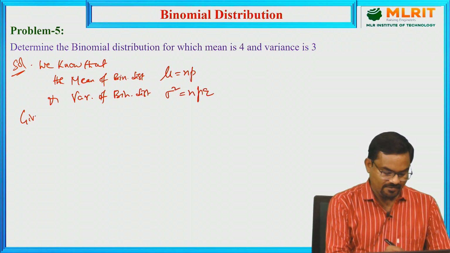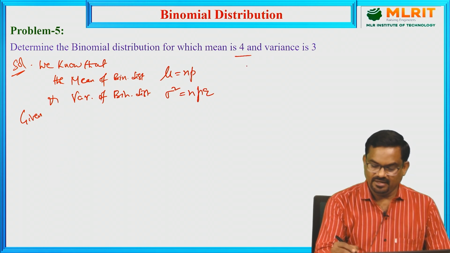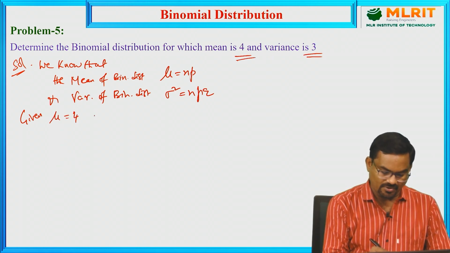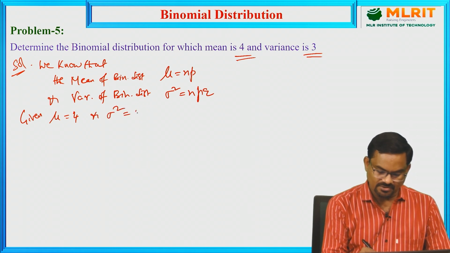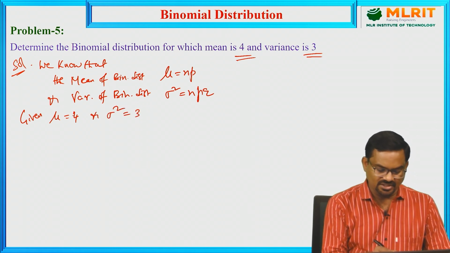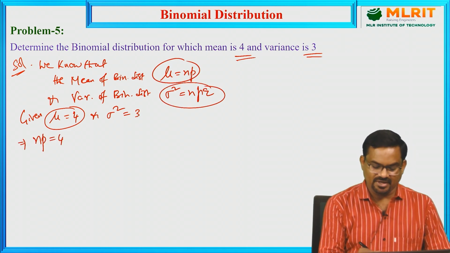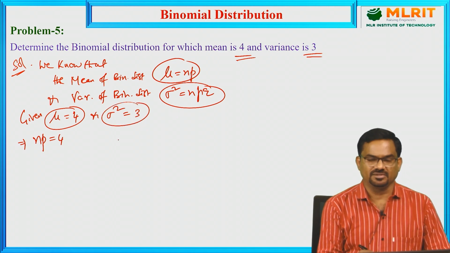So, given mean is 4 and variance is 3, mu equal to 4 and sigma square equal to 3. So, mu equal to np, that implies np is 4, and sigma square is npq, and npq is 3.